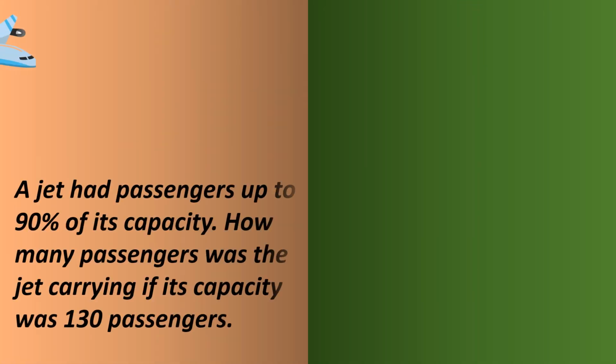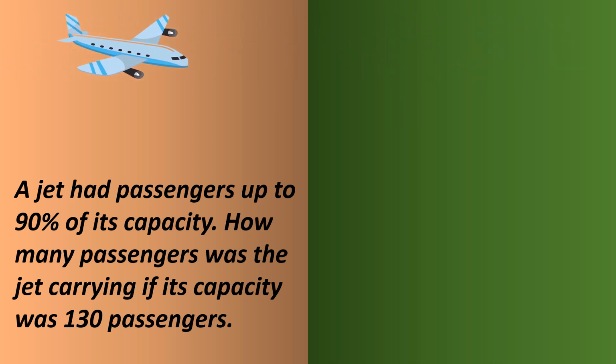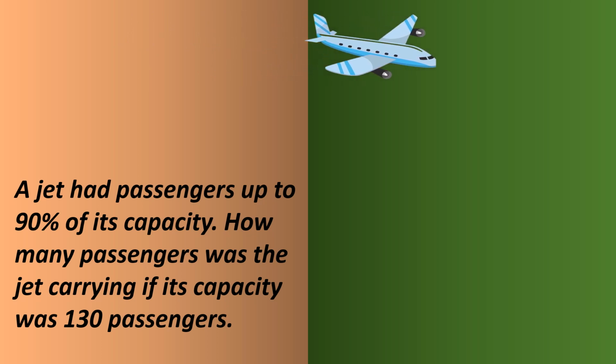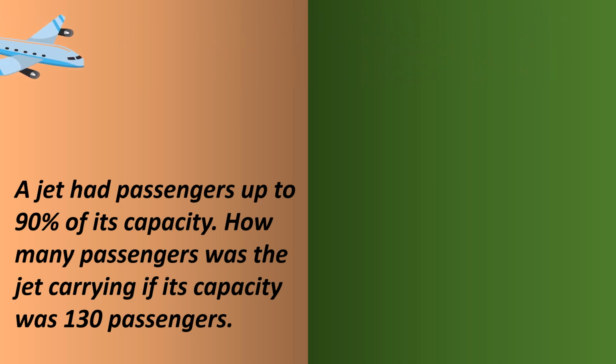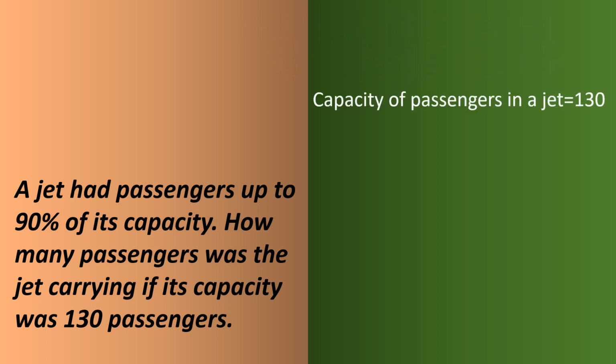Solve the next question. A jet had passengers up to 90% of its capacity. How many passengers was the jet carrying if its capacity was 130 passengers? So what is given to you? The capacity of passengers in a jet, meaning the number of passengers that can fit in one jet, is 130.